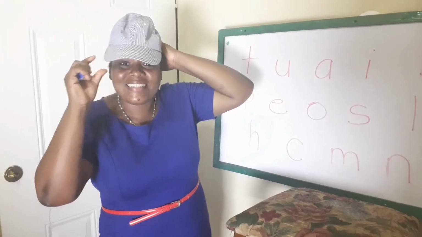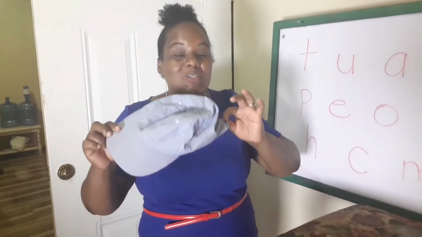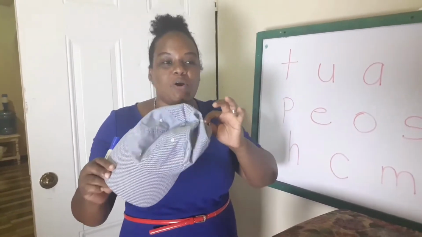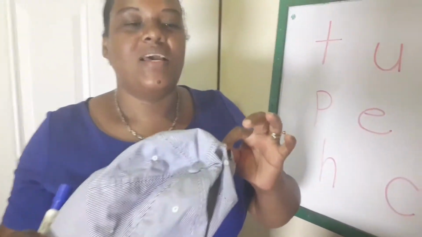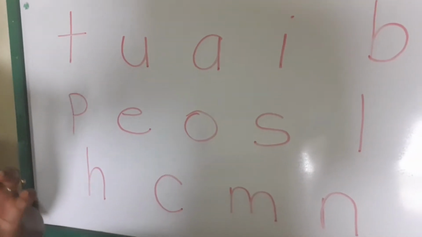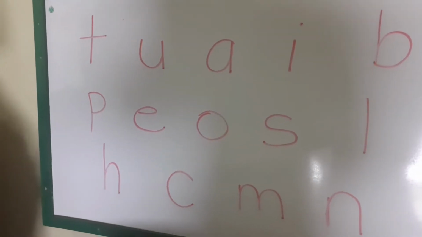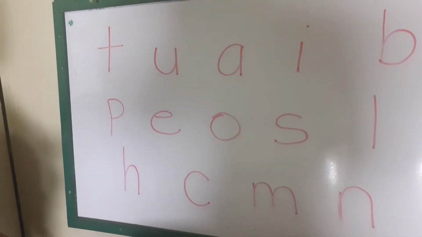a hat. Can you tell me which letter sound do you hear at the beginning of the word hat? Hat. I'm hearing a sound. I wonder which letter on the board begins with the sound.